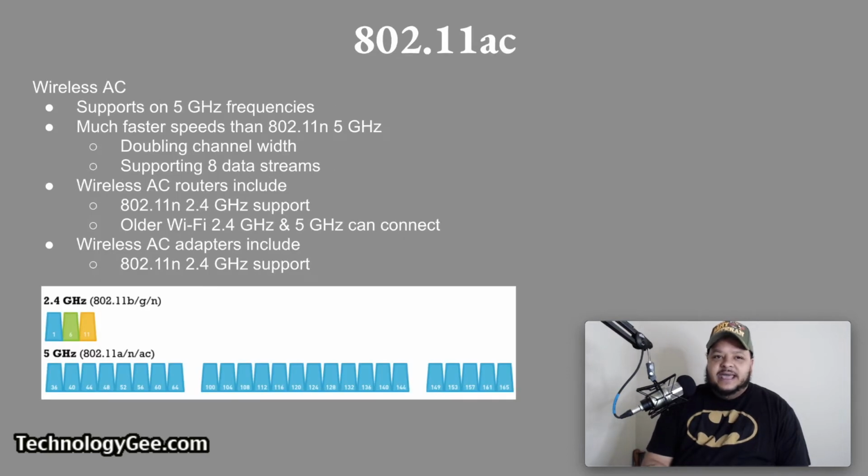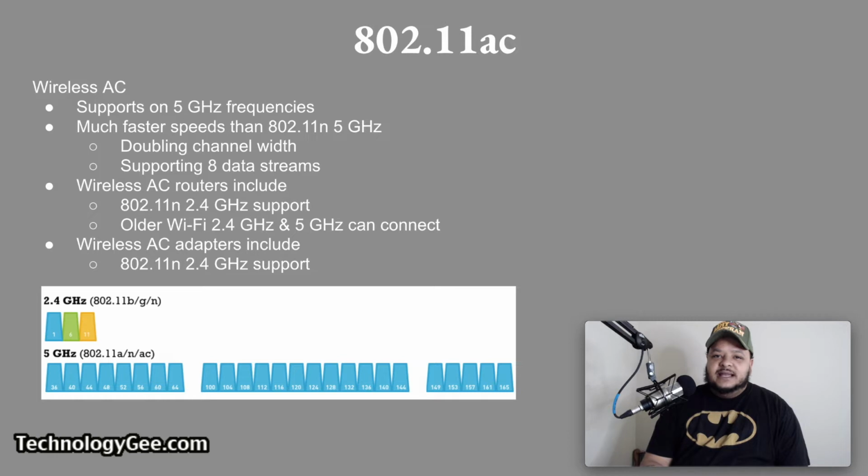Let's talk about 802.11ac. 802.11ac, also known as wireless AC, supports only 5 gigahertz frequencies and achieves much faster speeds than 802.11n 5 gigahertz by doubling channel width and supporting up to 8 data streams. 802.11ac wireless routers include 802.11n 2.4 gigahertz support, so that the older Wi-Fi 2.4 gigahertz and the 5 gigahertz standards can also connect to the router.